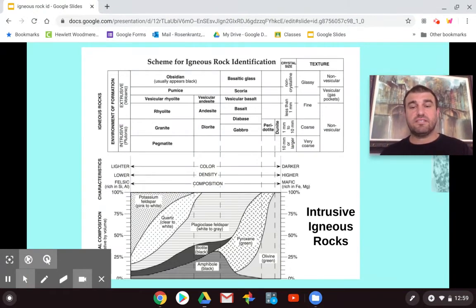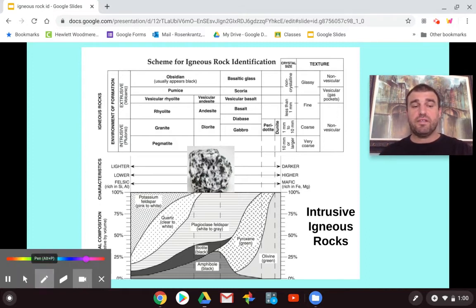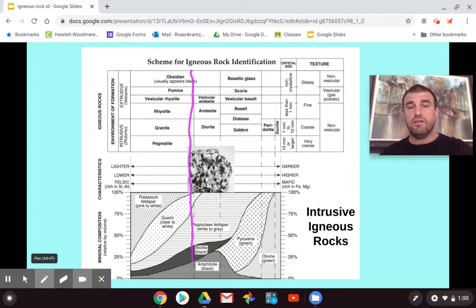So let's say this is the second rock you get. Well, this looks like it's half black and half white. So we say the general rule for a rock like this, if the rock kind of looks like salt and pepper, that means it's not all the way on the left and it's not all the way on the right. It falls in the middle, kind of has an intermediate composition.